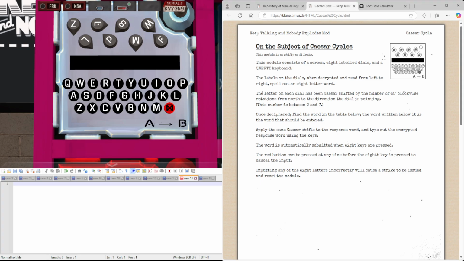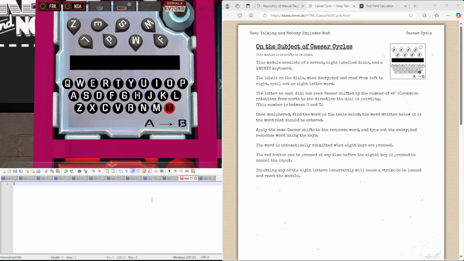So we did clockwise. But by the number of 45 degree rotations, this is shifted forwards, I think it means. Or we have to shift it backwards, I think.